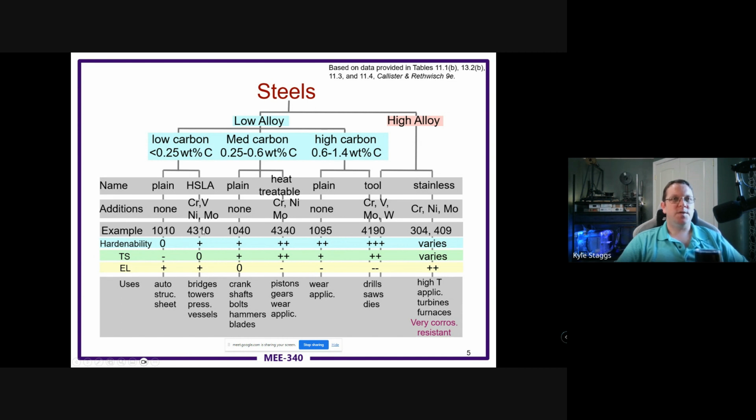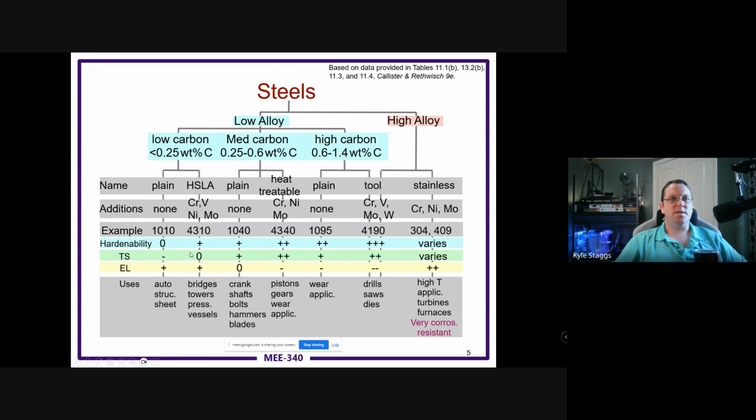Those are like tanker trucks and things can have this kind of steel in them. They are at least hardenable to some degree, and because of the addition of the chrome and some of the other things, there's a degree of resistance to corrosion, but not much.